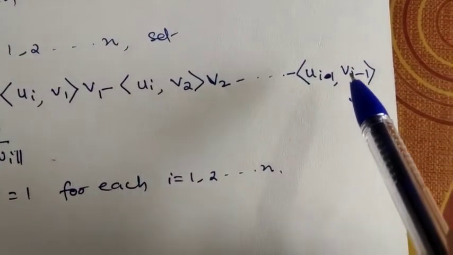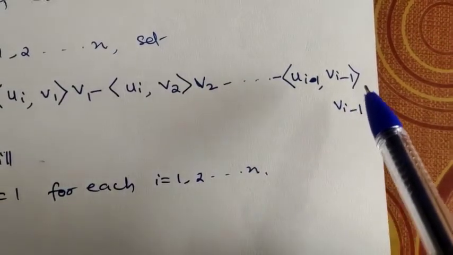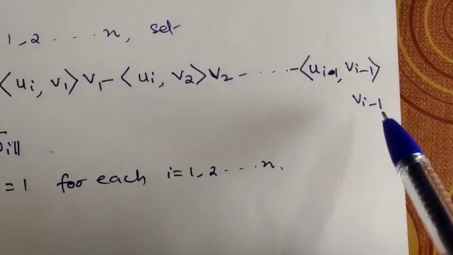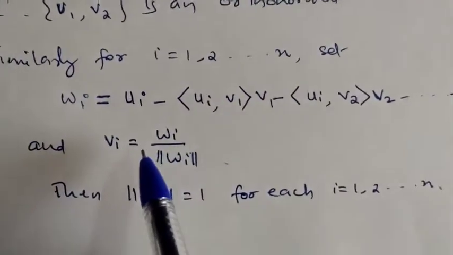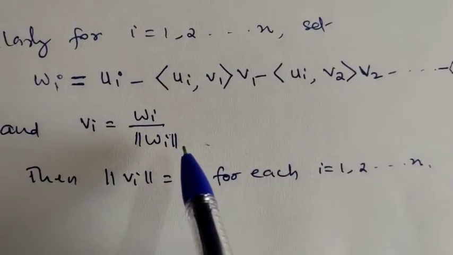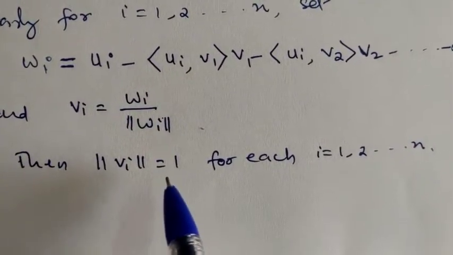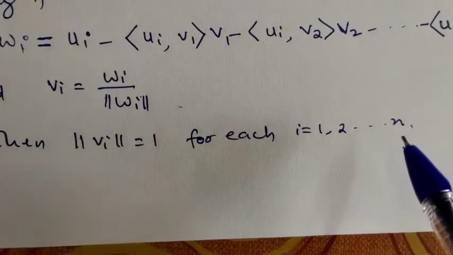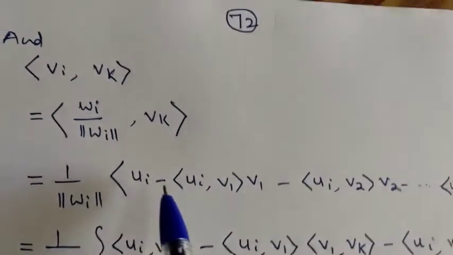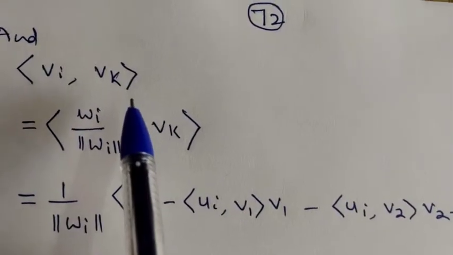Minus inner product of Ui comma Vi minus 1 into Vi minus 1. And Vi is Wi by norm of Wi, then norm of Vi becomes 1 for each i equal to 1 to n. And let us take up this one, inner product of Vi comma any vector, say Vk.